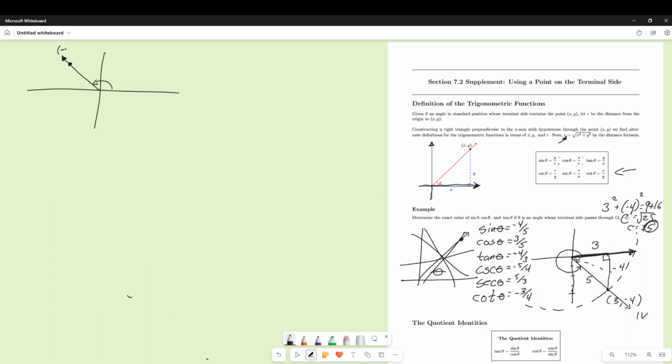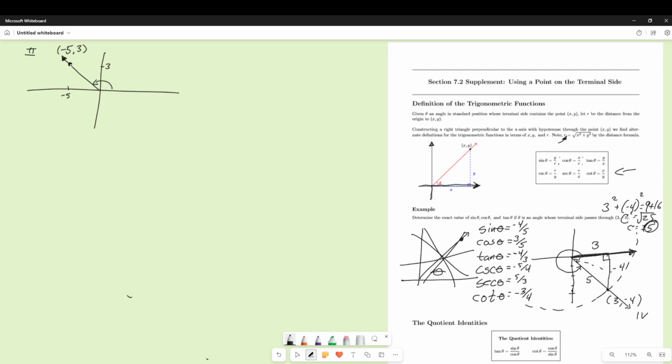Let's say that point was (-5, 3). So it's 3 in that direction, -5 there. Quadrant 2, so we better have a -x and a positive y.